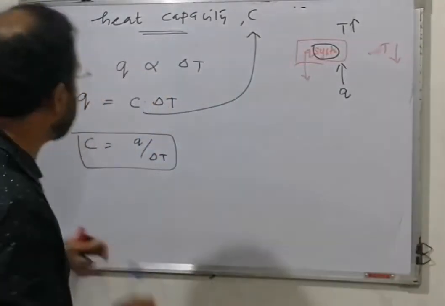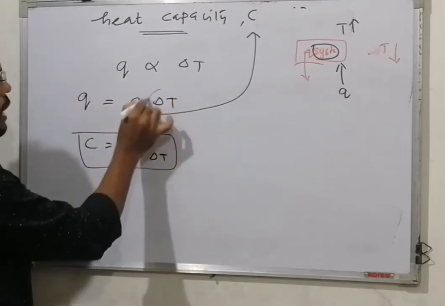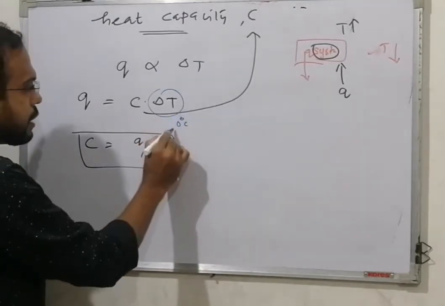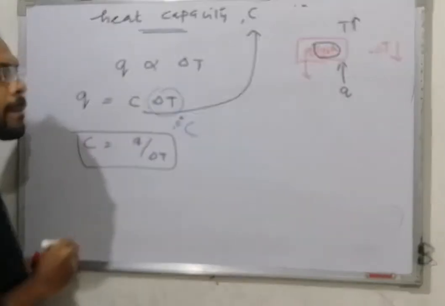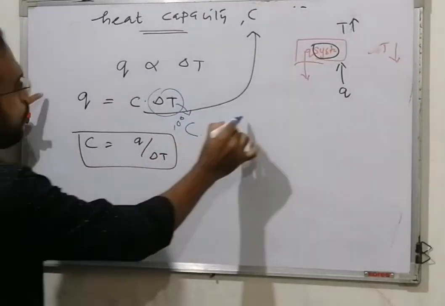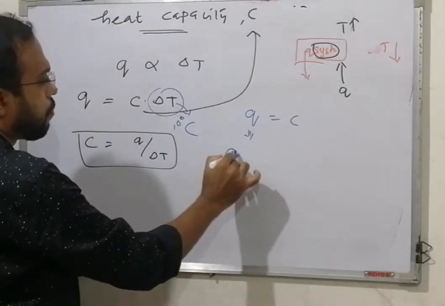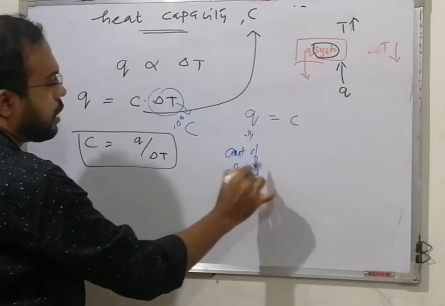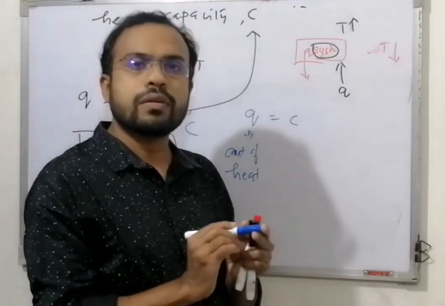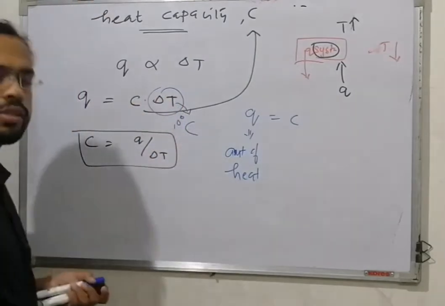What is the definition of C? Suppose delta T is 1 degree centigrade. Therefore, Q becomes C. What is Q? The amount of heat released or absorbed by a system to make its temperature change by 1 degree centigrade.